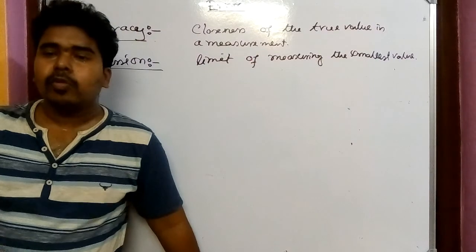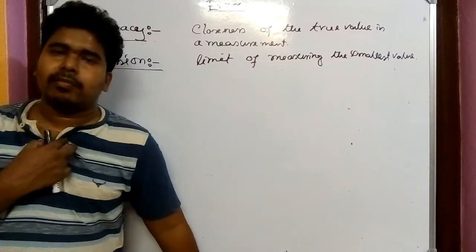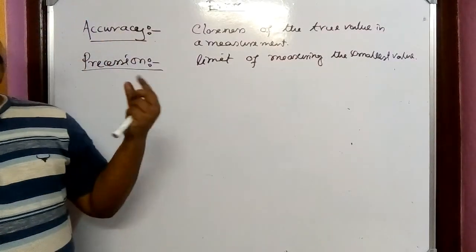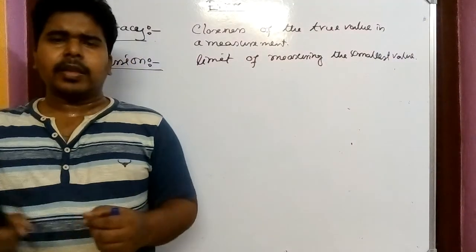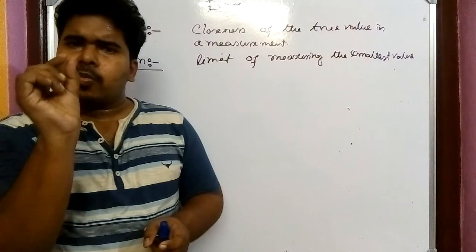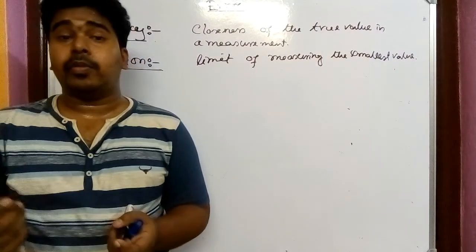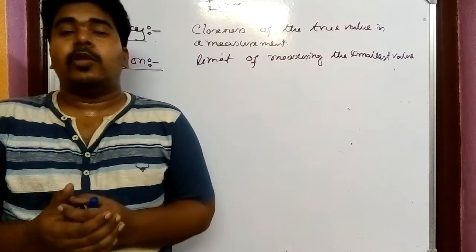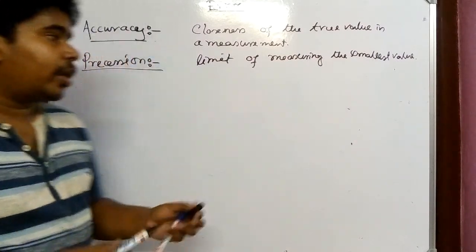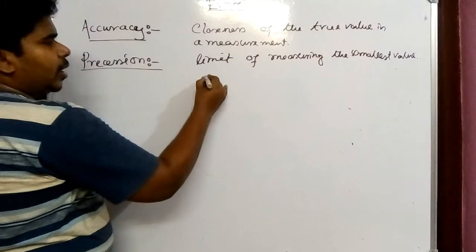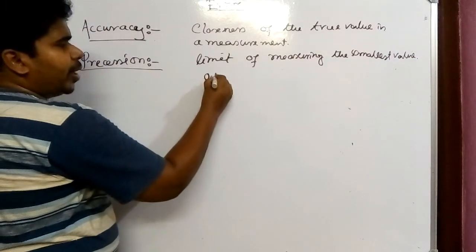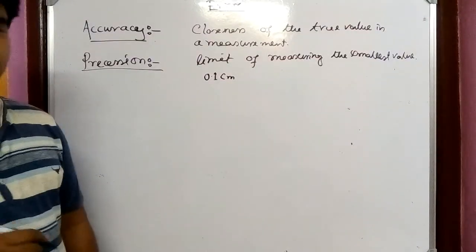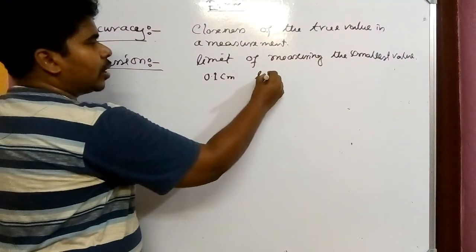Whenever we try to measure something with an instrument, there is a scale on the instrument, and on the scale we have seen one smallest value, by which the smallest length can be measured. On a general scale, that smallest value is 0.1 centimeter, and it is known as least count.